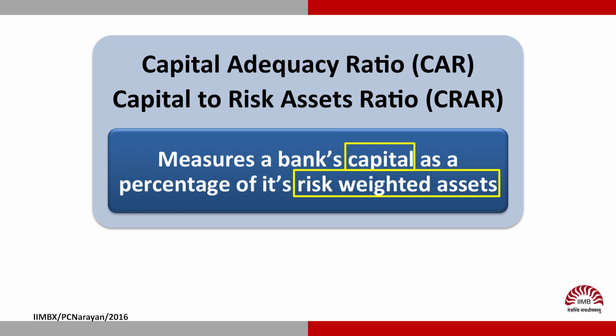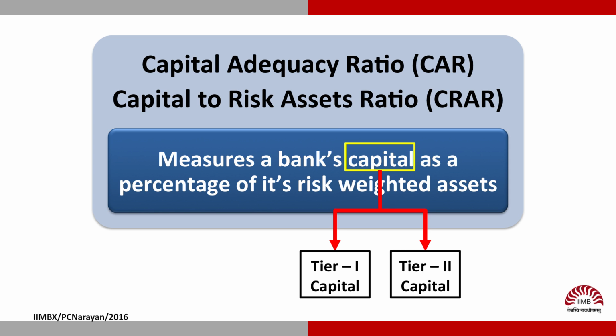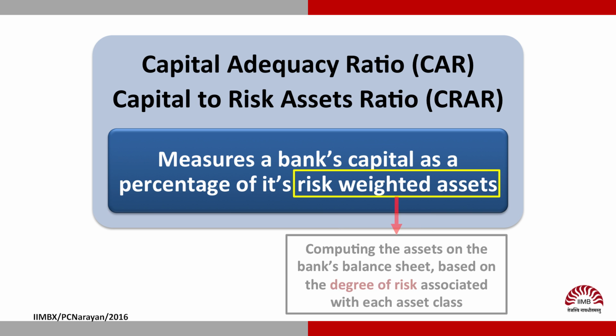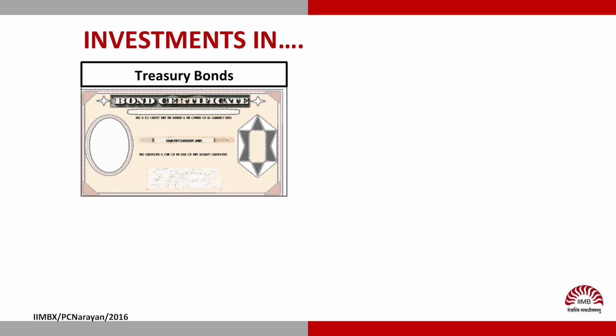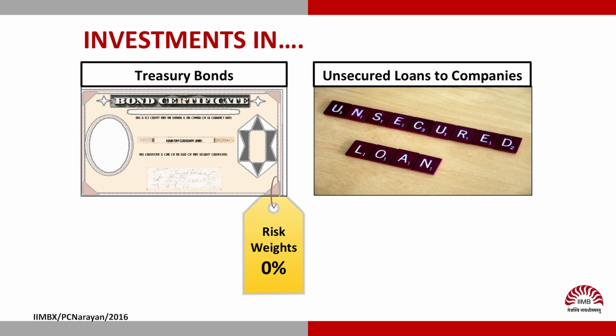Capital is classified as Tier 1 capital and Tier 2 capital, and we will look at that classification a little later. Risk-weighted assets involves computing the assets on the bank's balance sheet based on the degree of risk associated with each class of assets. Example: investments in treasury bonds or government securities carry a risk weight of 0%, whereas unsecured loans to companies would carry a risk weight of 100%.